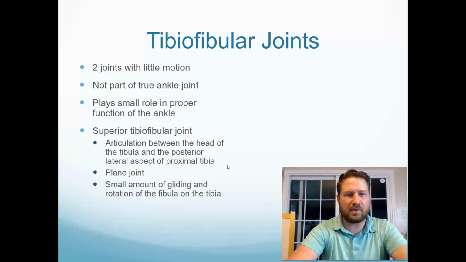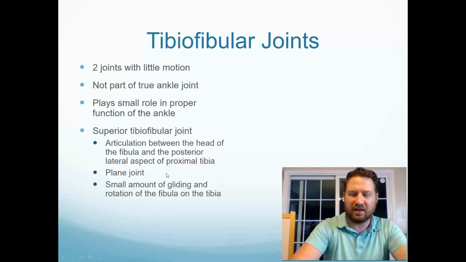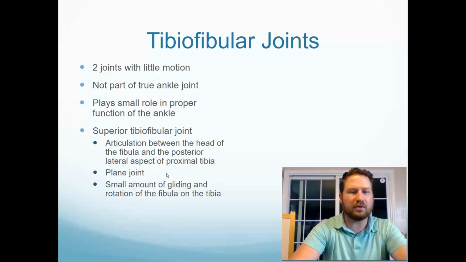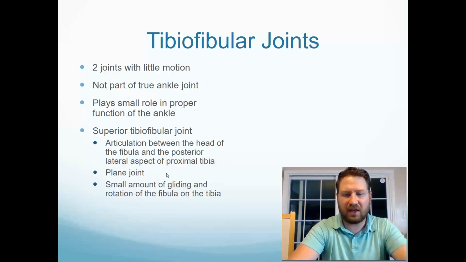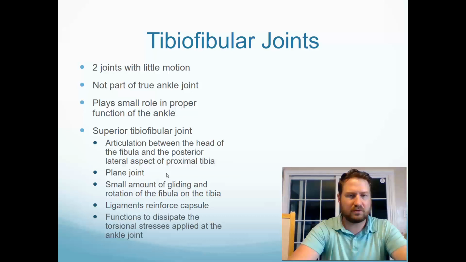It's a plane joint where there's a small amount of gliding and rotation of the fibula on the tibia. We'll do it in lab, we can actually mobilize the head of the fibula if you're having some ankle dysfunction. If that joint is too tight or hypomobile, it can cause a dysfunction within the foot mechanics.